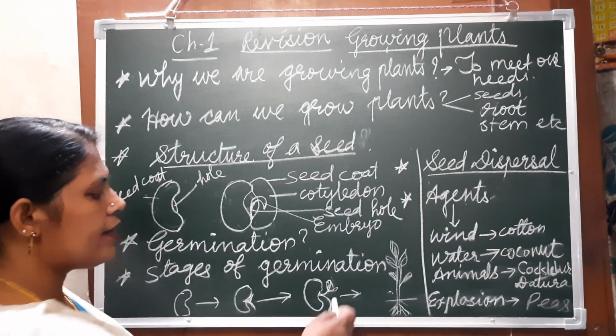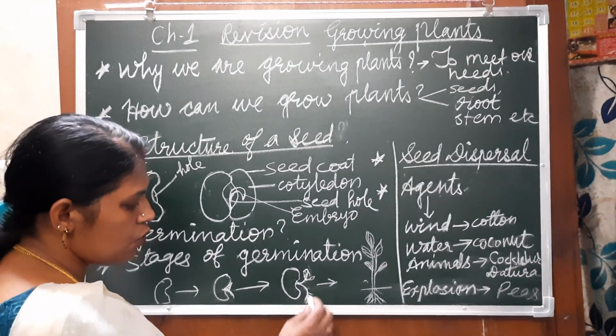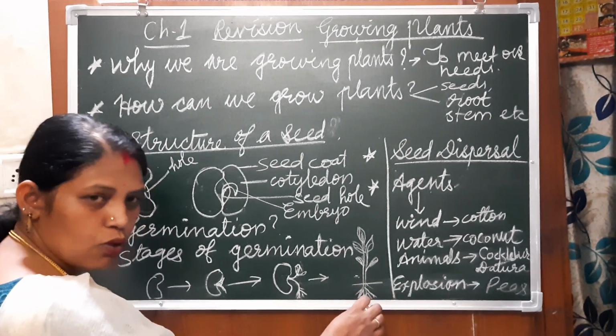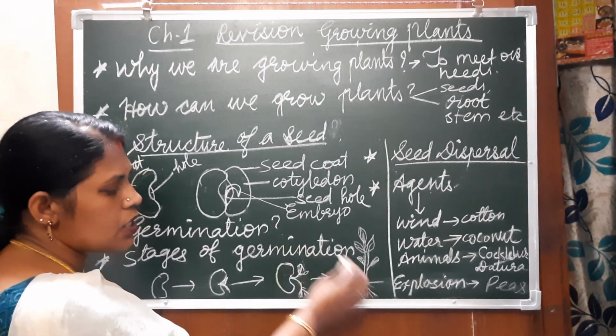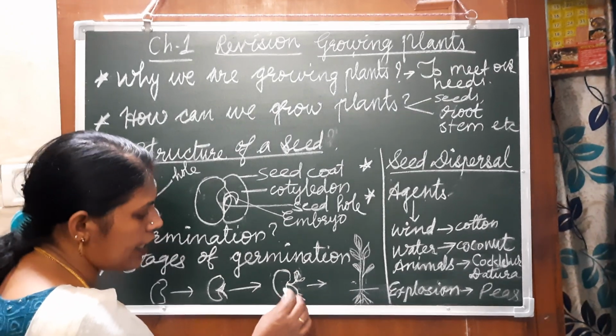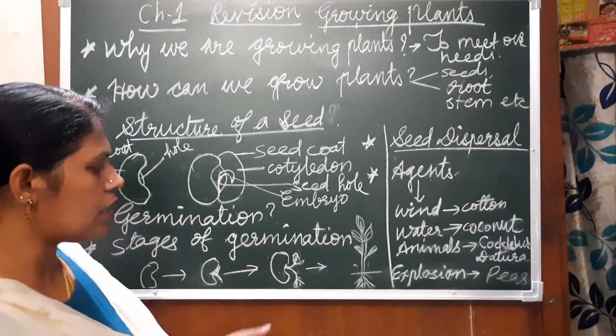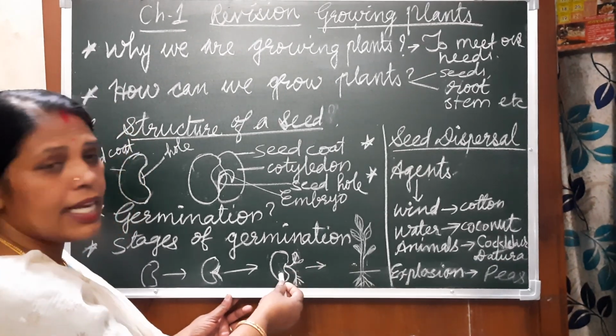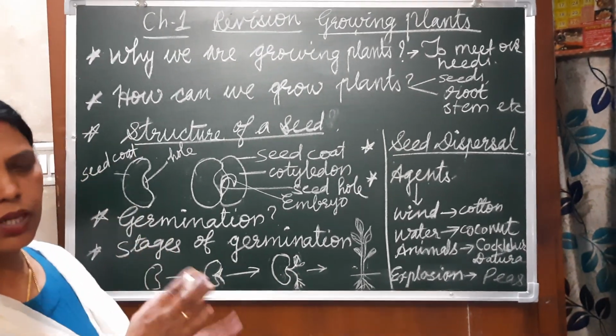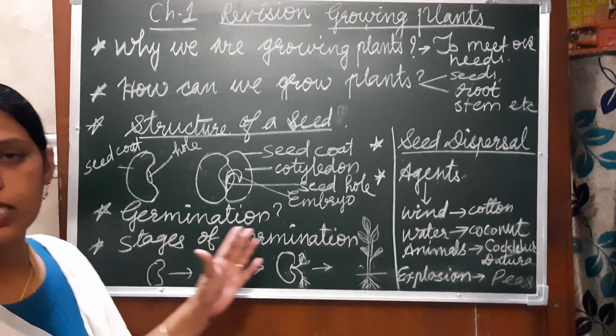Clear, students? And then afterwards, this root, this lower portion, fixes into the ground, and then this grows up, and this cotyledon automatically goes, because till it starts to make its own food, it takes the food from the cotyledon only. Okay, understood, students? Stages of the germination.